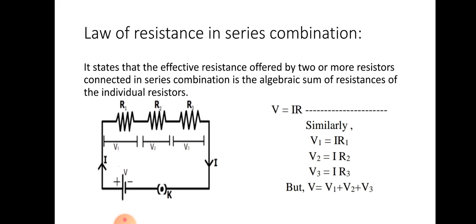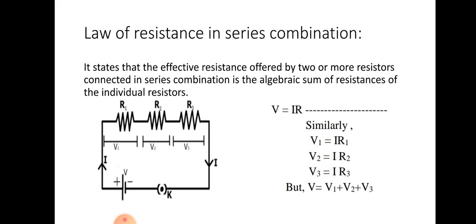The potential difference across resistance R2 is V2 is equal to IR2, and across resistance R3 is V3 is equal to IR3. And whatever the potential difference of the cell is, that gets divided across each resistance, right? Therefore we can say V, the total potential difference, is equal to V1 plus V2 plus V3.